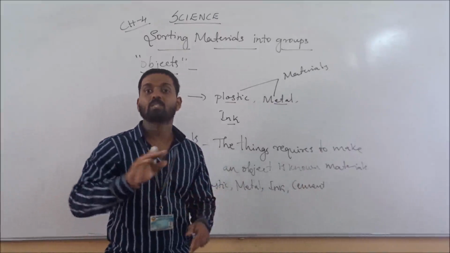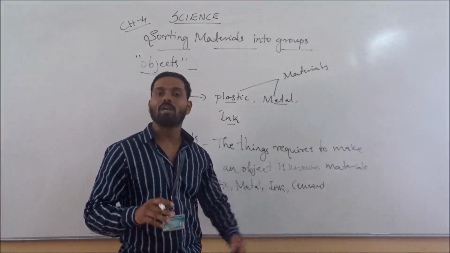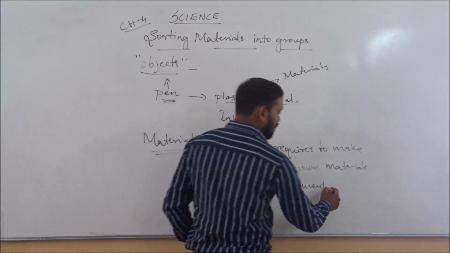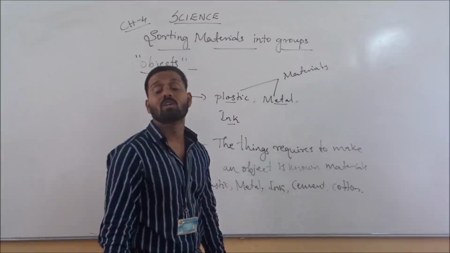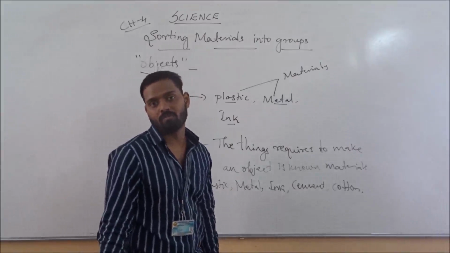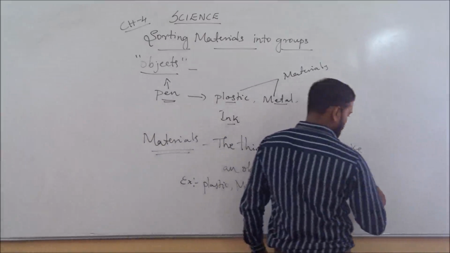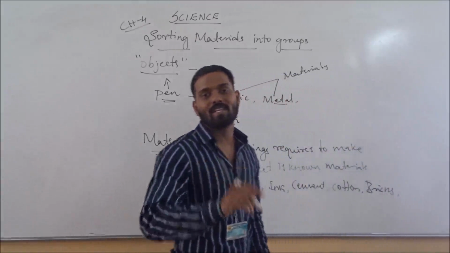That cement is used for making buildings, so it is an object as well as a material. Cotton is also a material because using cotton we can make numerous things. Likewise, bricks are objects as well as materials.